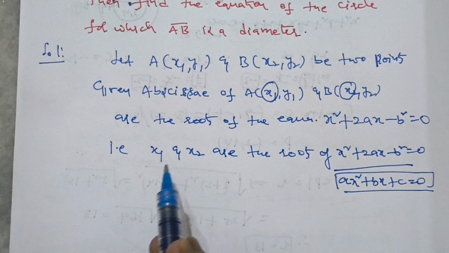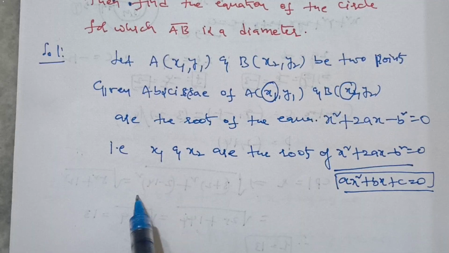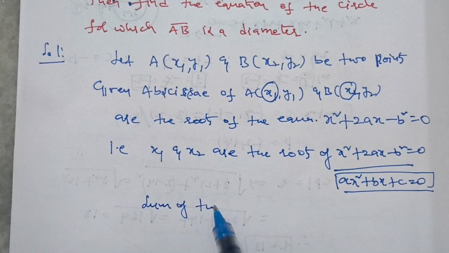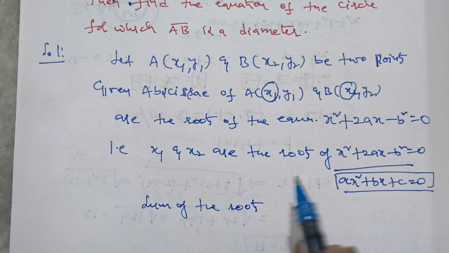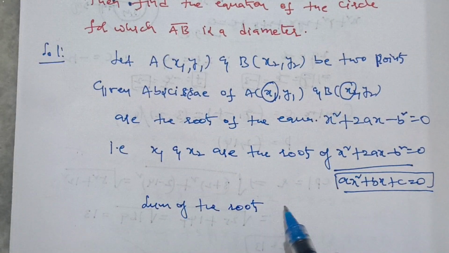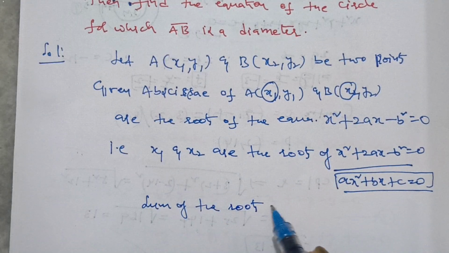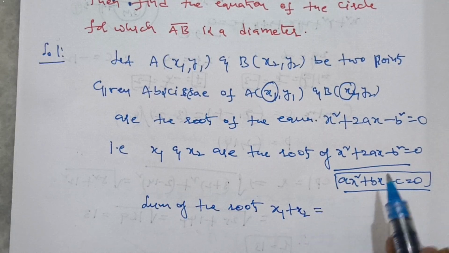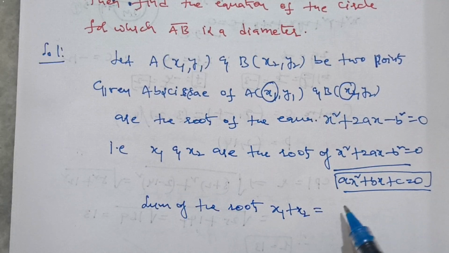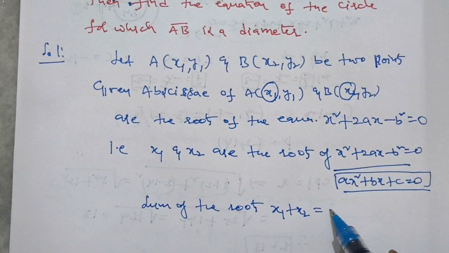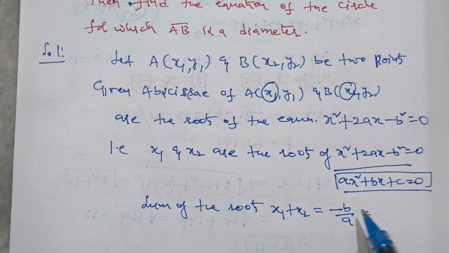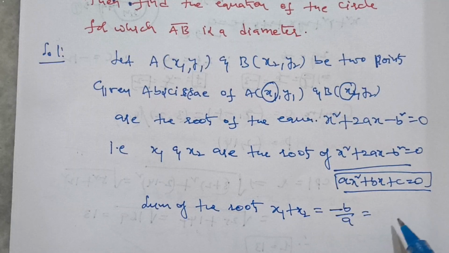We have the sum of the roots formula. Here the roots are x1 and x2, so the sum of the roots x1 plus x2 is equal to minus b by a. The sum of the roots in a quadratic equation is minus b by a.